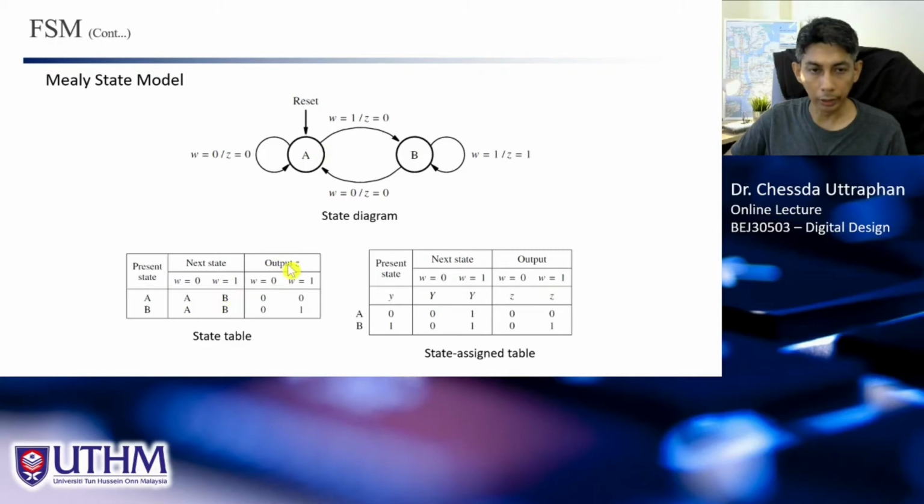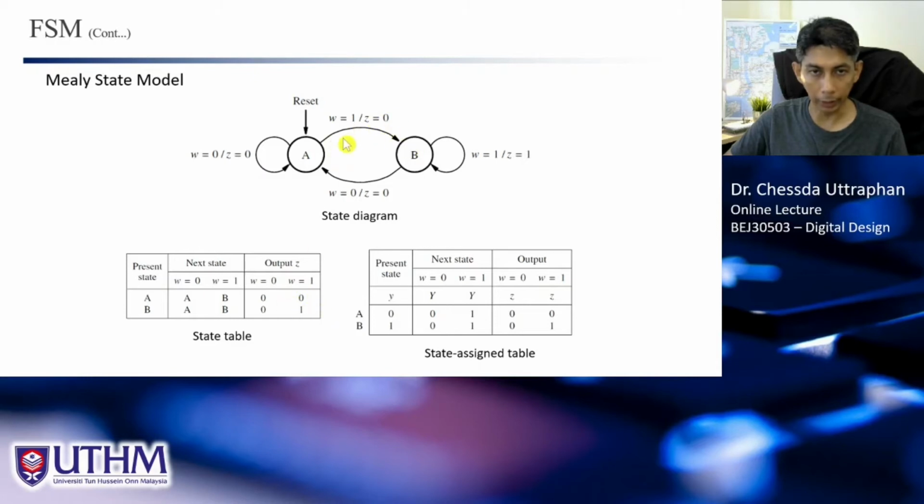And what about the output? We have two conditions now, because if w equal to 0, z equal to 0. But if w equal to 1, z equal to 0 also. Right?